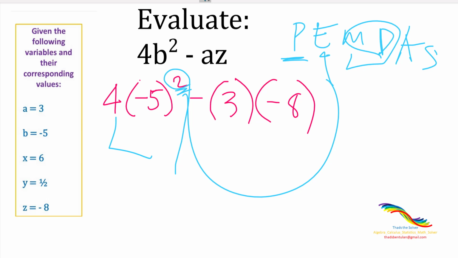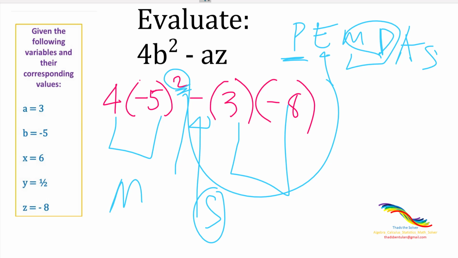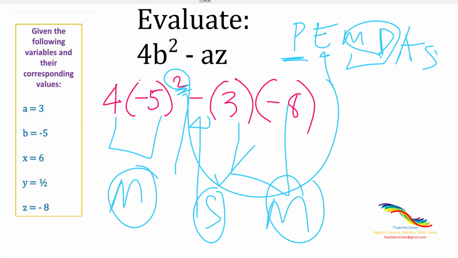So we do this multiplication here, and then there's a gap because there's a subtraction there, and then there's another multiplication. So we do this first, and then we simplify the subtraction.